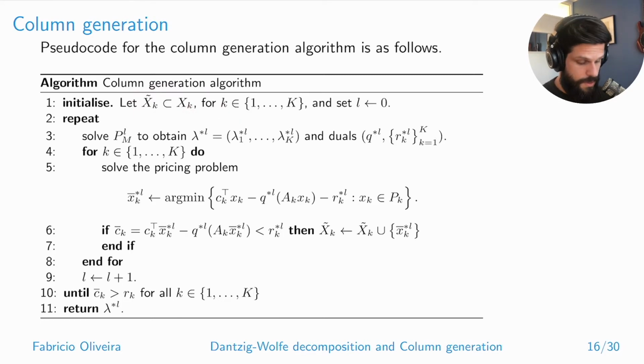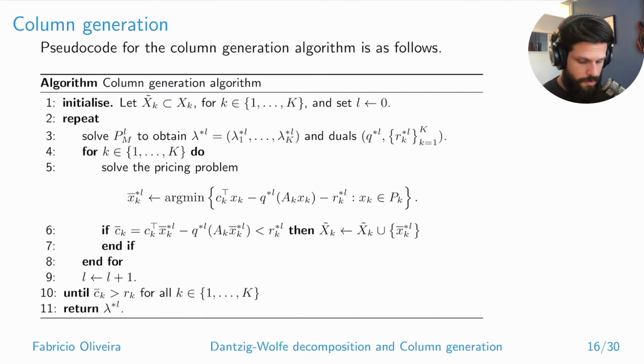And then what you're doing is solving your main problem in iteration L. Notice that we're using this iteration counter L because K is taken for subproblems. Then we look at the duals we obtain, for the M complicating constraints, and then one for each subproblem for the convexification.